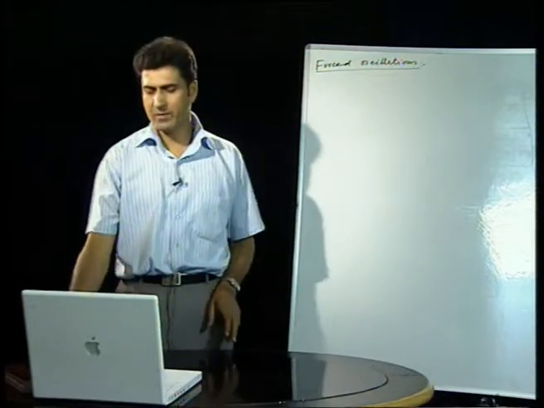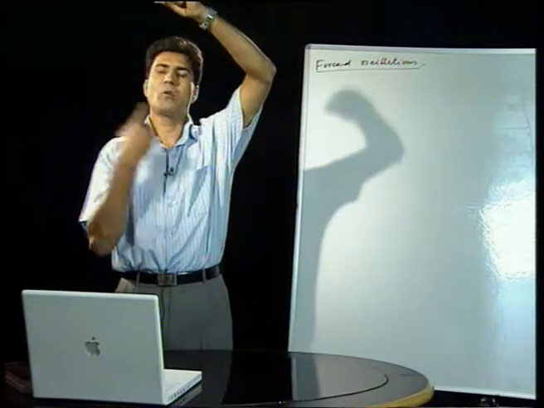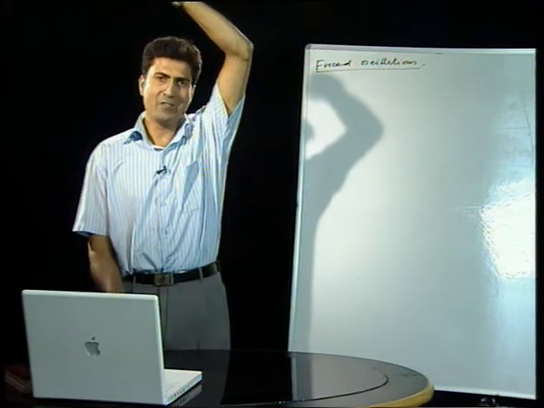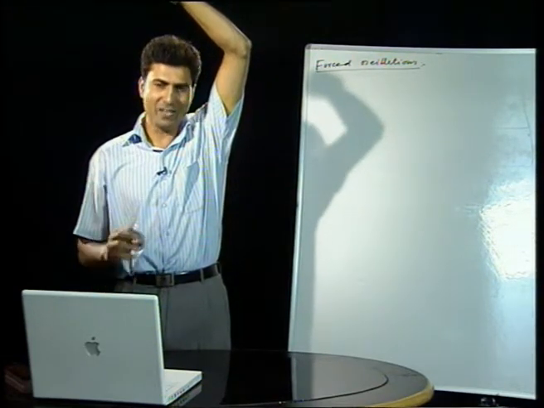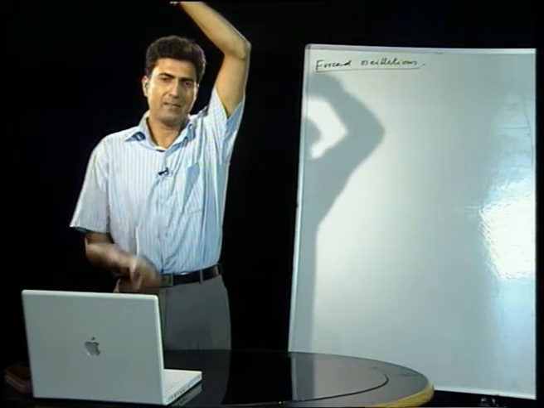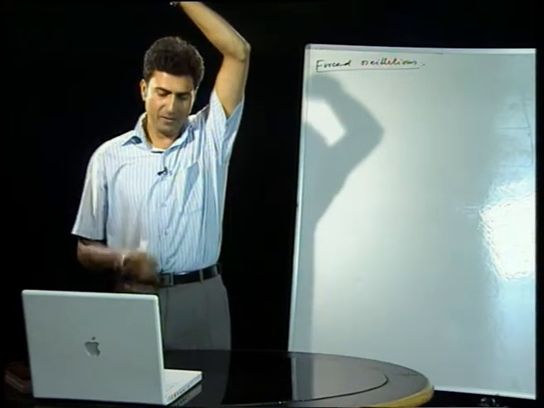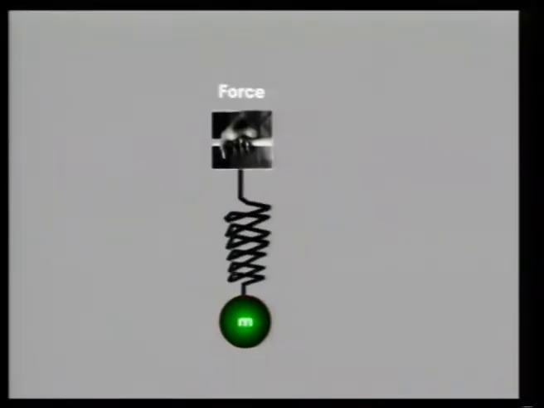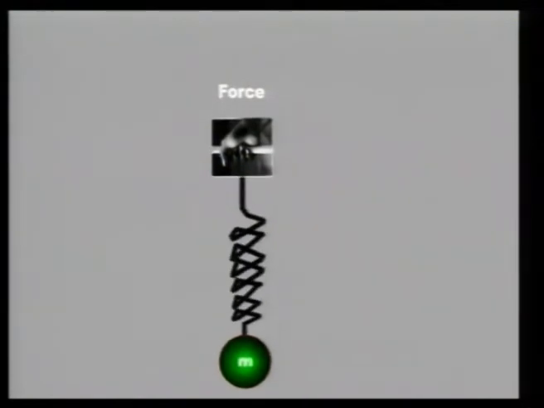So if we have a spring like this, and I hold the spring by my hand and pull the mass downwards, which is attached to the spring, it will oscillate up and down like this. And this will oscillate in a medium, let me suppose the medium of air, and it will finally stop because of the dissipative properties of the surrounding medium.